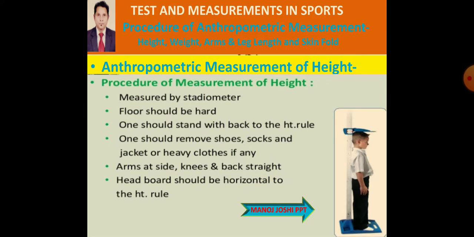The floor should be hard. These are the procedures, and one should stand with back to the height rule. One should remove shoes, socks and jacket or heavy clothes if any.